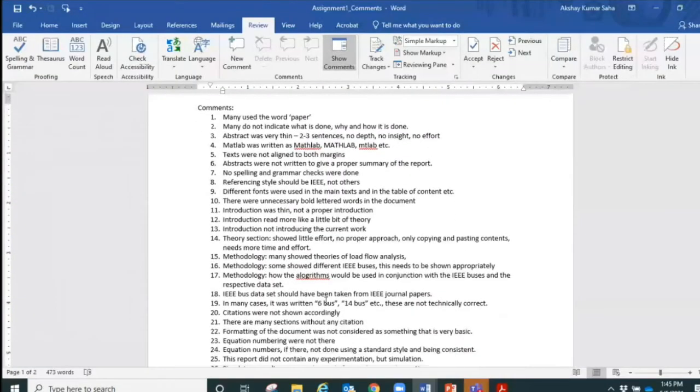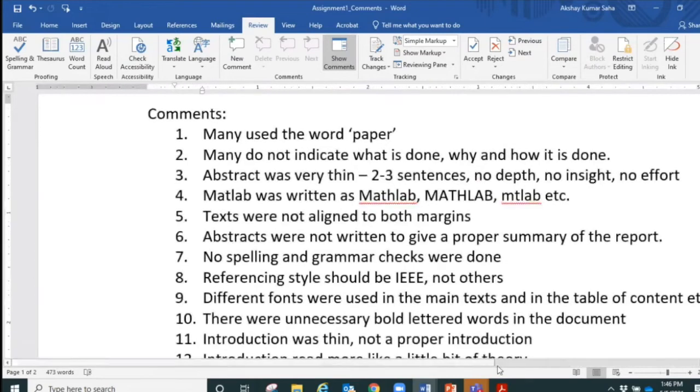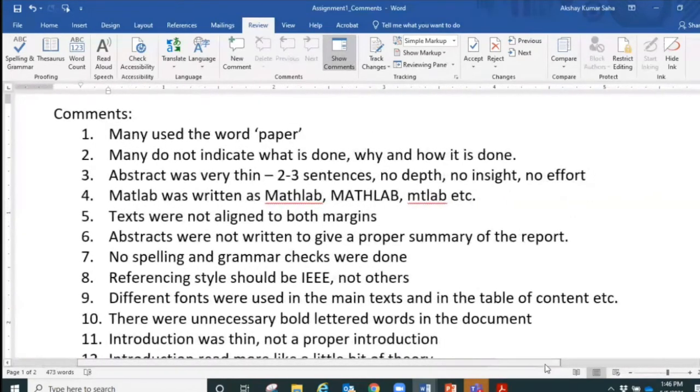So you'll see the comments on the screen. Please let me know when you see the comments. It's a Word file. Yes, we can see it. Okay, let me make it a little bit bigger.